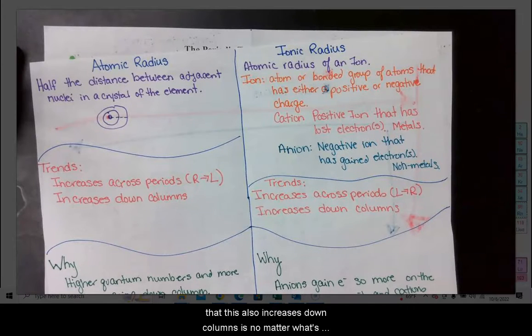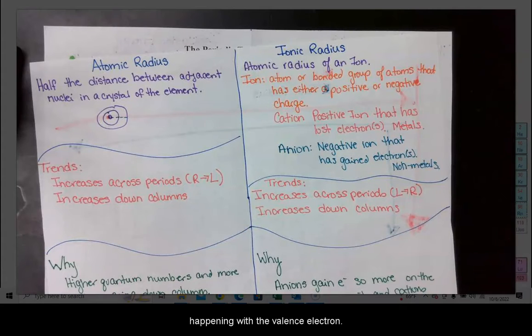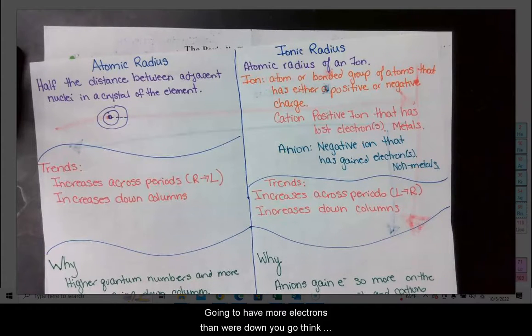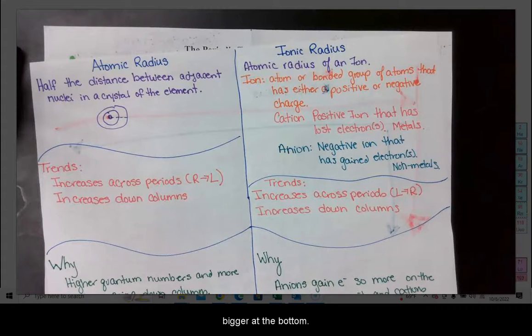The reason that this also increases down columns is that no matter what's happening with the valence electrons, you're still going to have more electrons the further down you go. Think of it like making a hoop skirt. It doesn't matter who the hoop skirt goes on, it's still going to be bigger at the bottom.